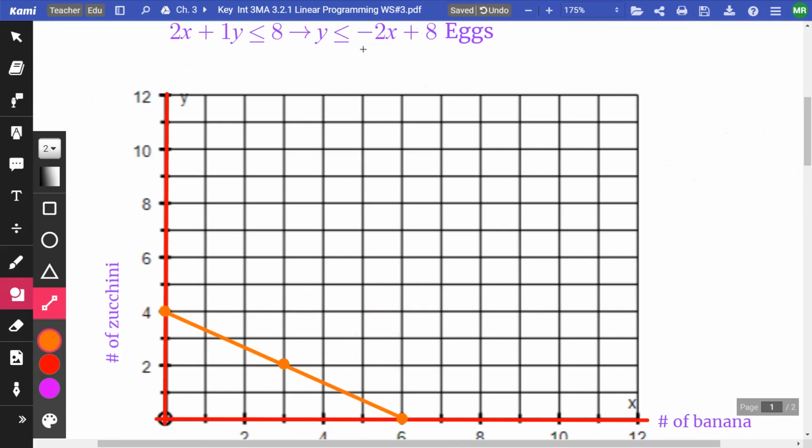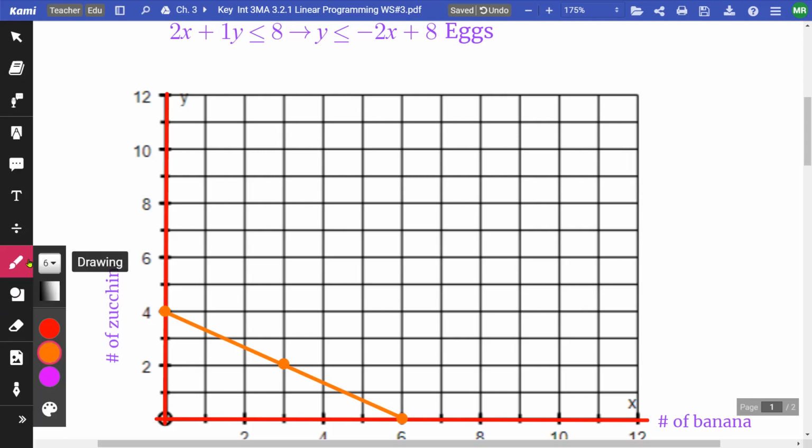Now for my second inequality, y is less than or equal to negative 2x plus 8. So for that one, let's say that I am starting up at 8 for my y-intercept.